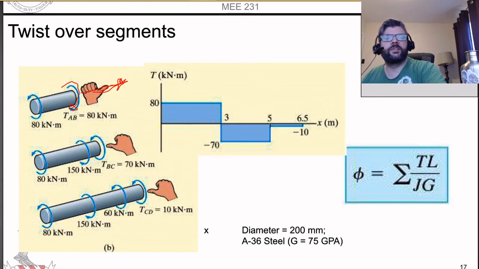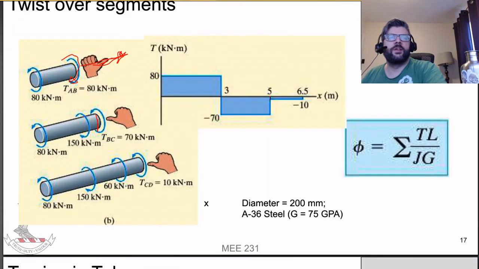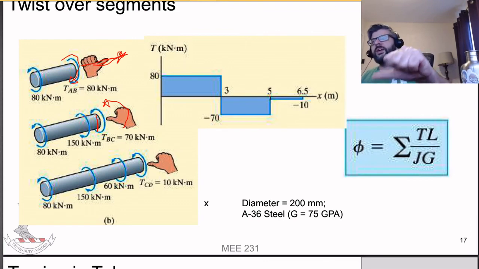Then we take another section right here, and in order to keep this in equilibrium, we're going to have to apply a torque around this way. So we apply that torque, and then our thumb's suddenly not pointed in the x direction, it's pointed in the negative x direction.